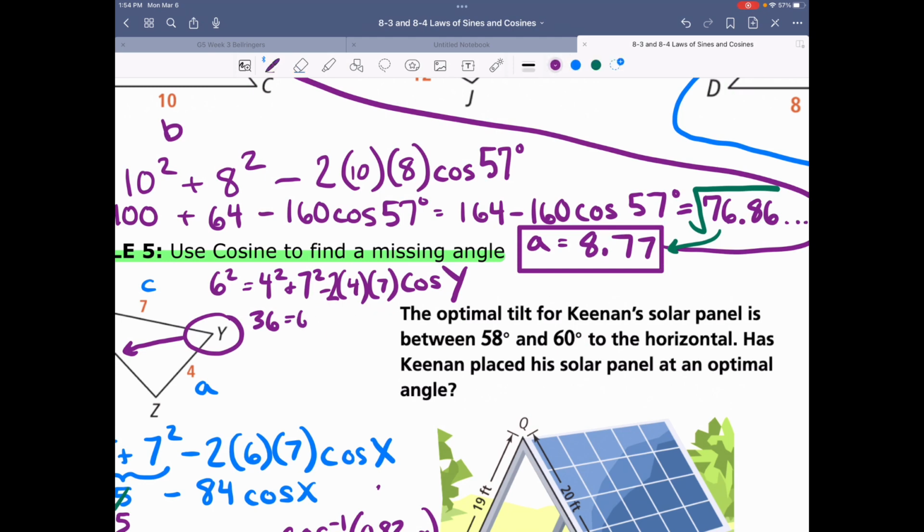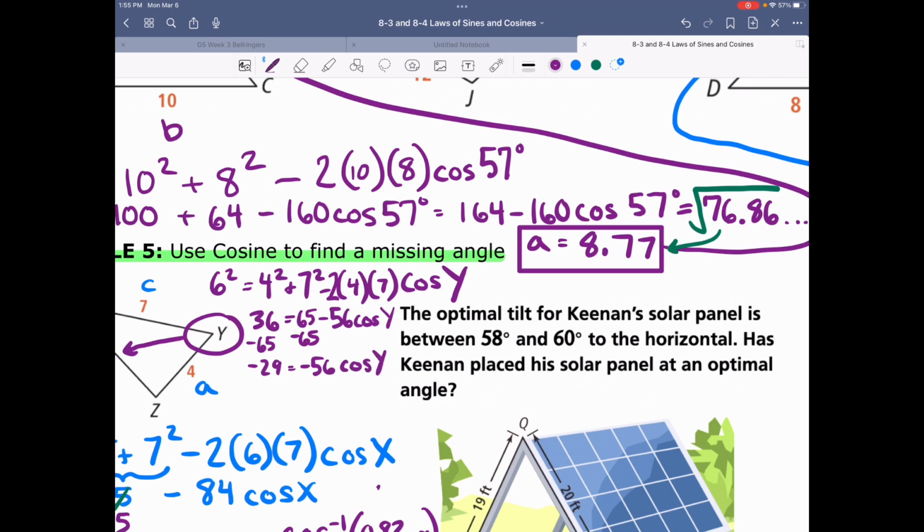So 65 minus 56 cosine y. I have to solve for y, so we're going to subtract 65 from both sides. 36 minus 65 is negative 29 equals negative 56 cosine y.